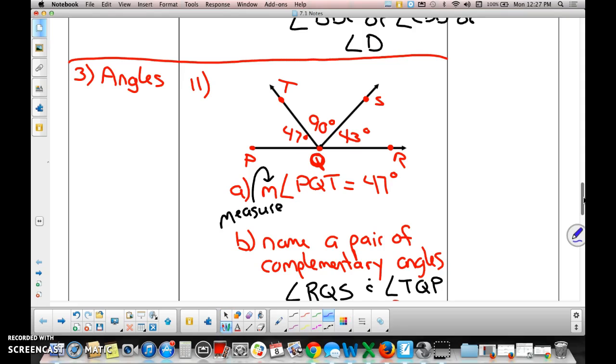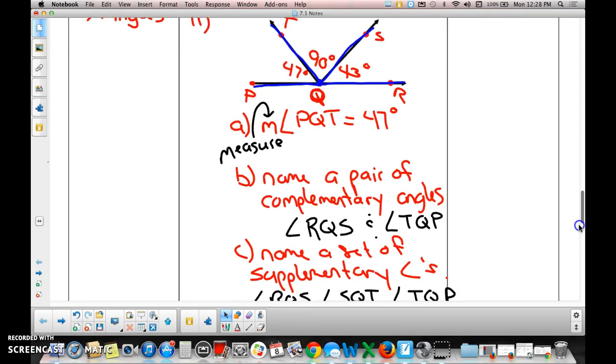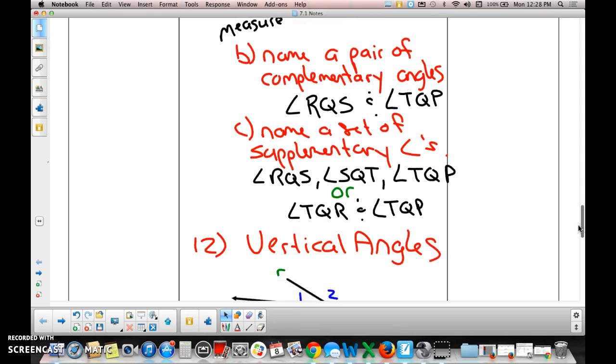Because angle SQR isn't really connected to PQT, at least by a line. They're connected at point Q, but they're not connected with a common line. So as long as you have angles that add up to 90 in complementary or 180 in supplementary, you will have a set that would work.